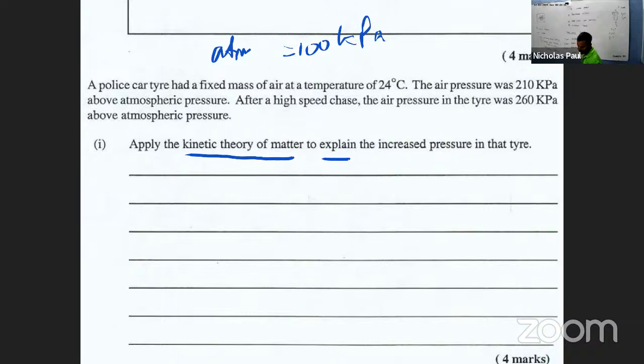And collide more frequently with themselves and the walls of the container.